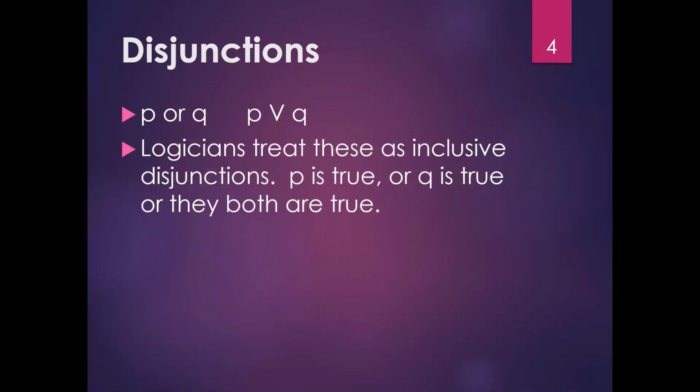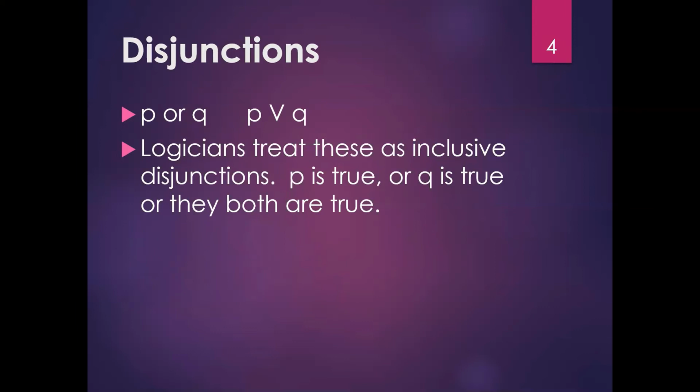Logicians treat disjunctions as inclusive disjunctions. So if it merely says P or Q, then we assume that either P is true or Q is true, or this sentence as a whole would be true if they both are true. Sometimes in our normal conversation, we have an implied idea that they can't both be true.